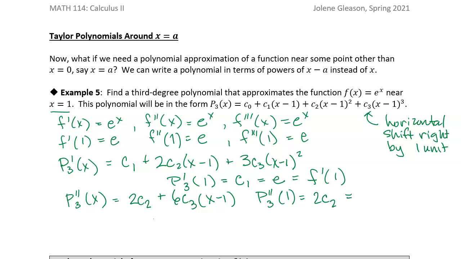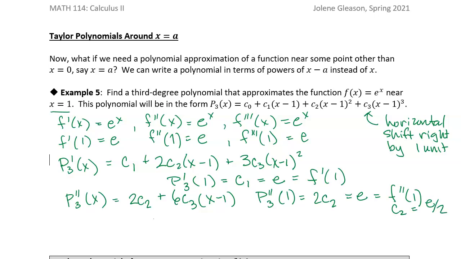That has to be equal to e because we're modeling this e to the x function at 1. So that tells us that c2 has to be e over 2.